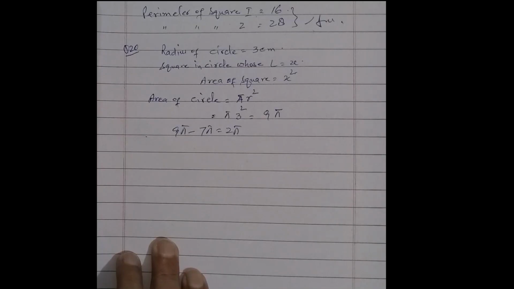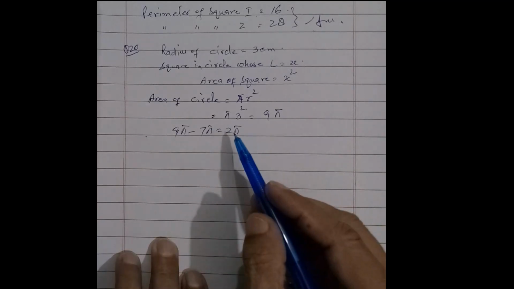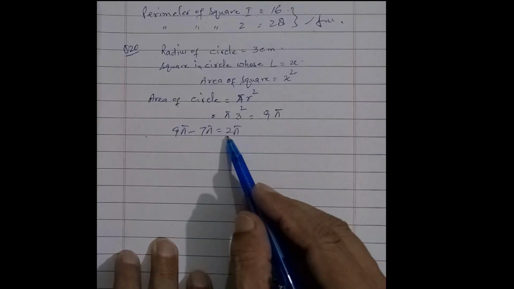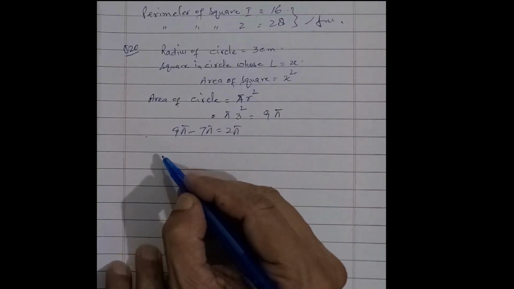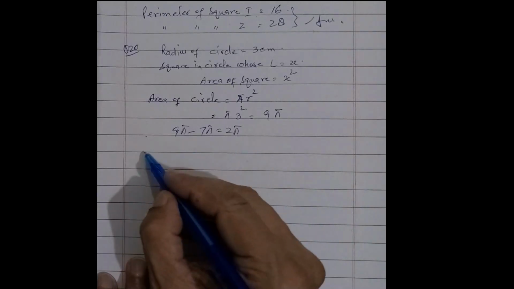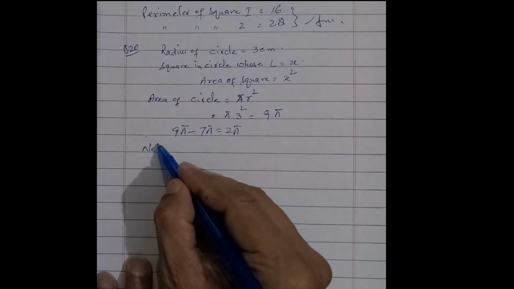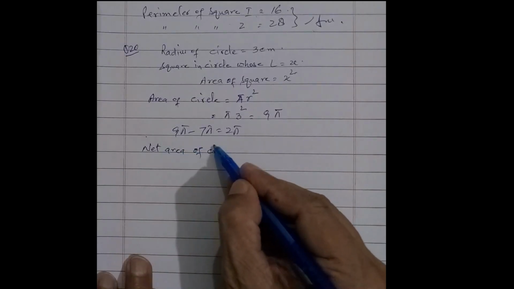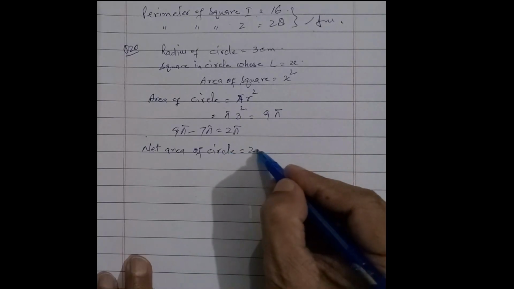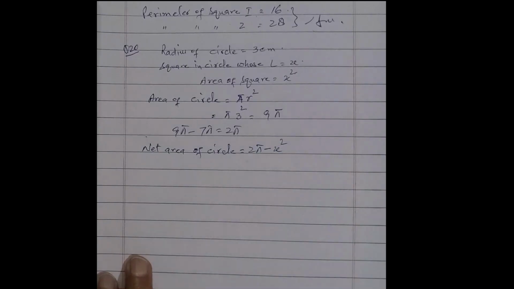And we know that the square is removed from the circle, so we subtract the area of the square from 2 pi, which is the net area equal to 2 pi minus x square.